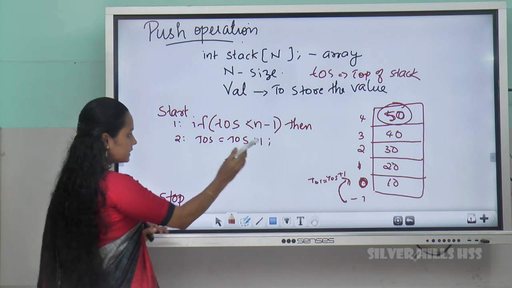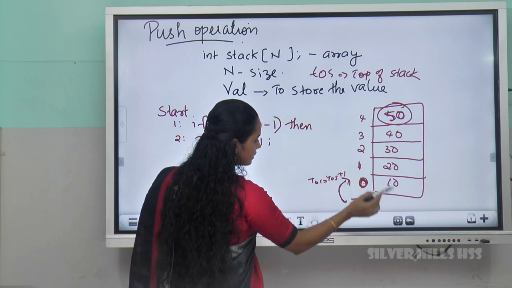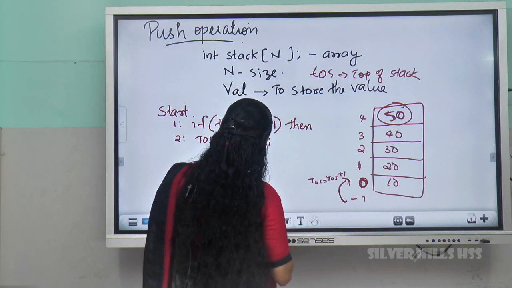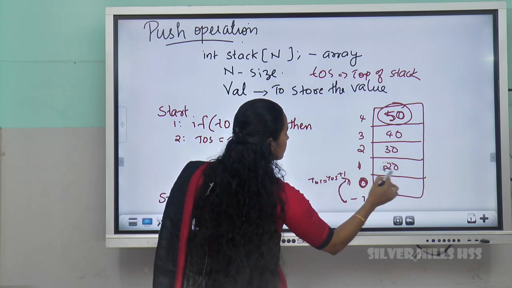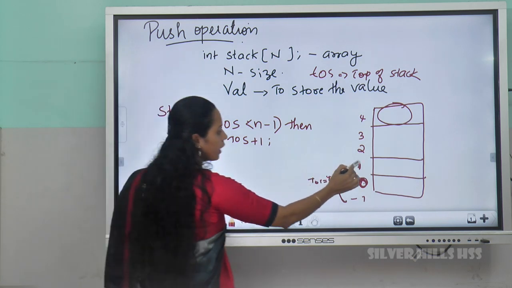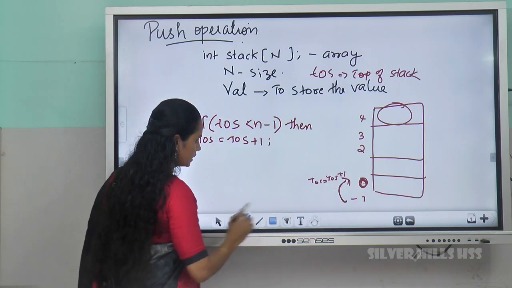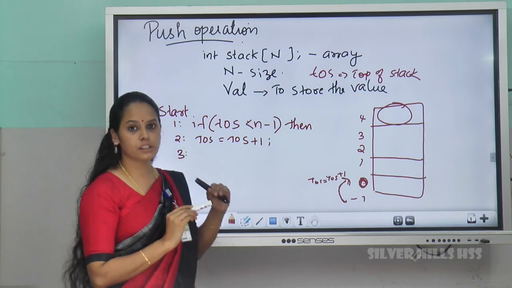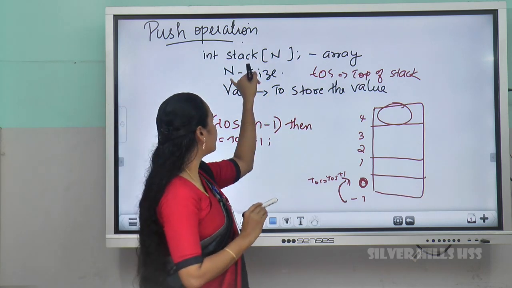Then after getting the next TOS, we have to insert a value inside that position. And how can you insert a value inside that position? I told you the value is stored inside a variable called val.